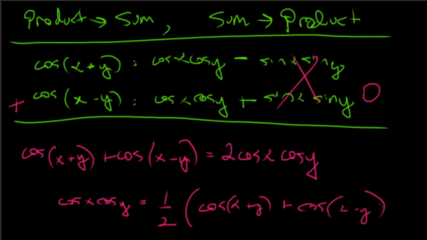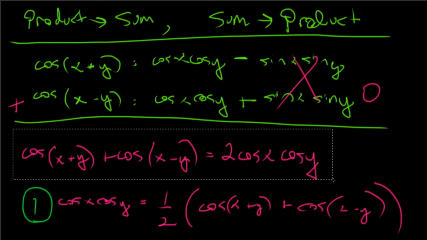So this is our product to sum formula, and we are going to use this thing to prove the sum to product formula. So formula 1. Cool. So let's go ahead and look at the sum to product formula. So to do that, I am going to grab this thing.